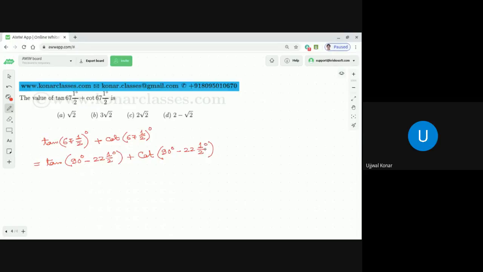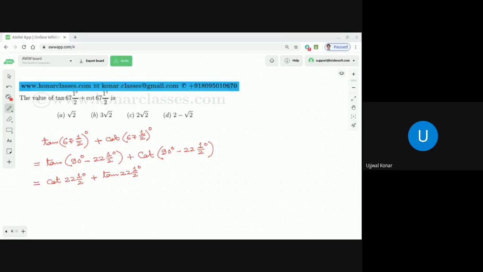Why do I write this, dear students? Because we know the values of tan and cot of 22.5 degree. So tan of 90 degree minus theta is equal to cot theta, so cot 22.5 degree plus tan 22.5 degree. Correct, dear students?